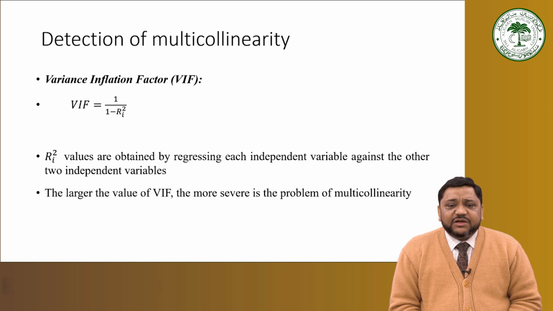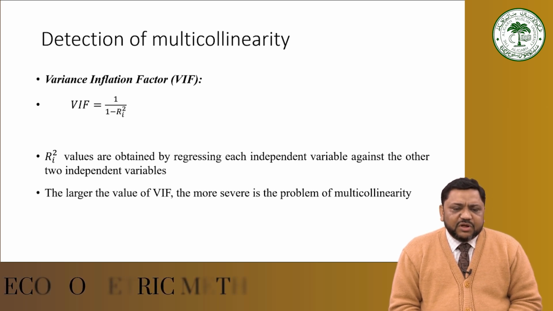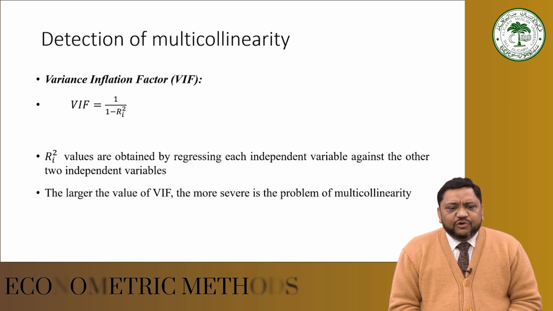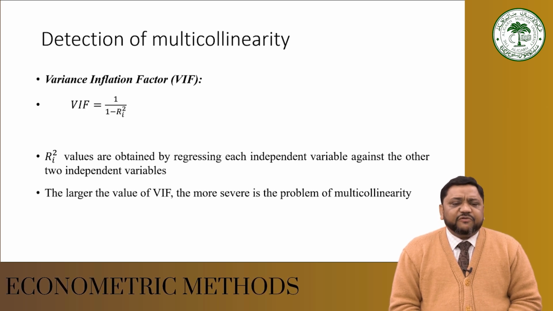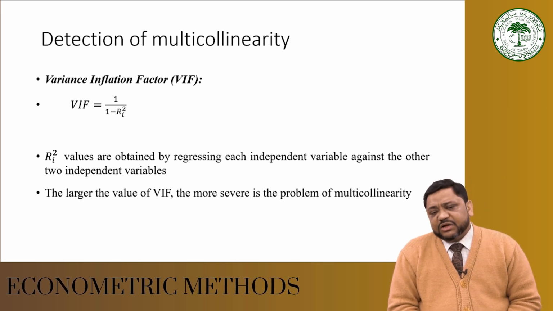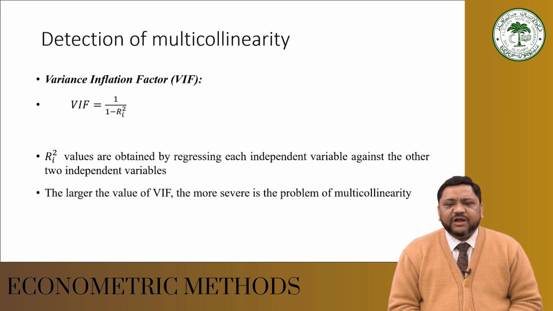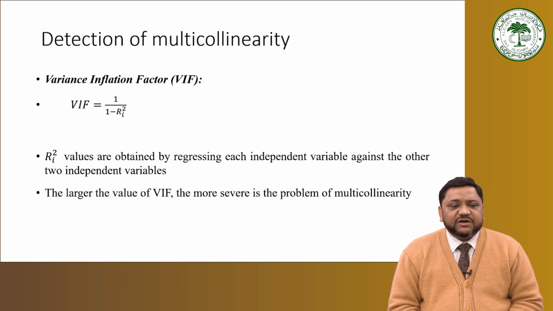Another thing is the variance inflation factor. What we do is regress one of the independent variables on the other independent variables. We calculate R square. Then we have a formula for the variance inflation factor, that is 1 upon 1 minus R square.